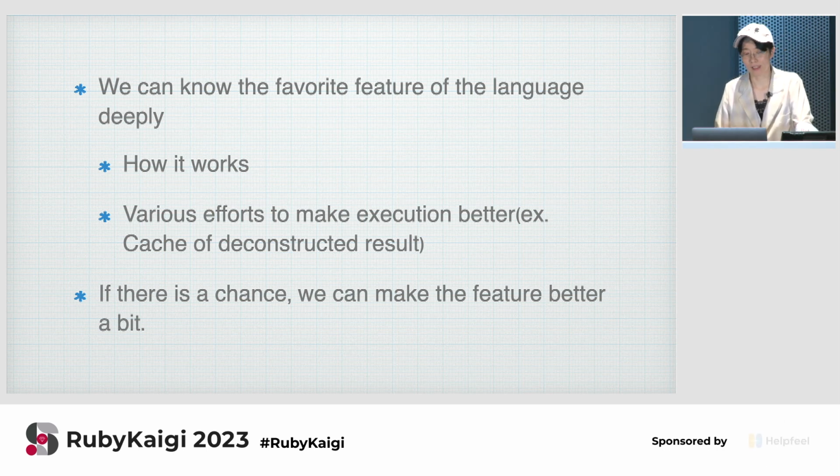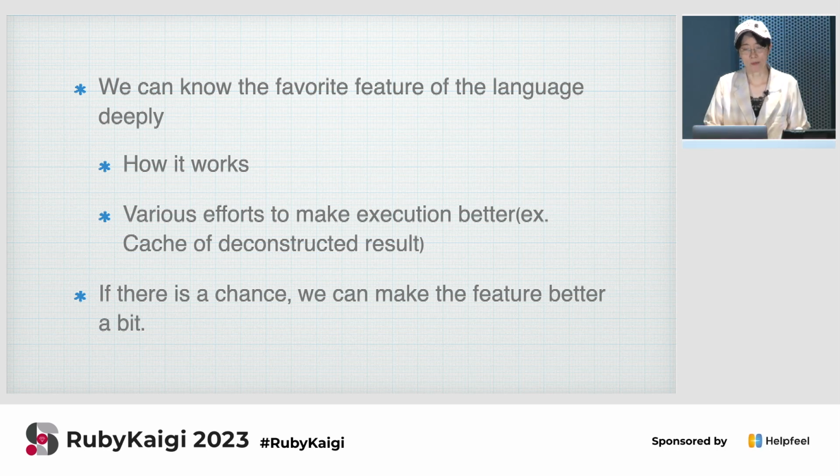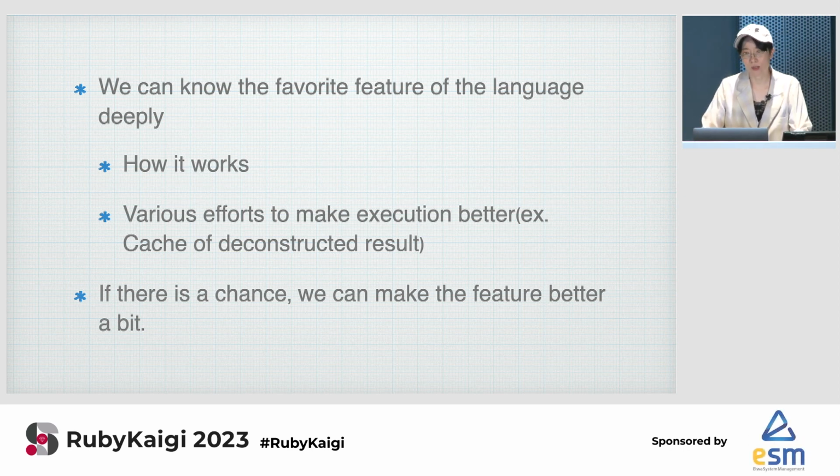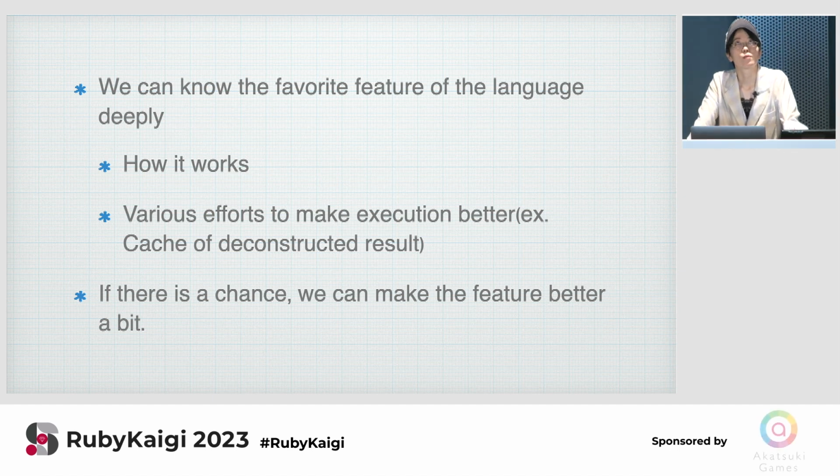For these changes, I read many compile.c code about pattern matching and found the cache system of the result of deconstruct, for the case that the deconstruct result is used many times. It's very emotional for me.